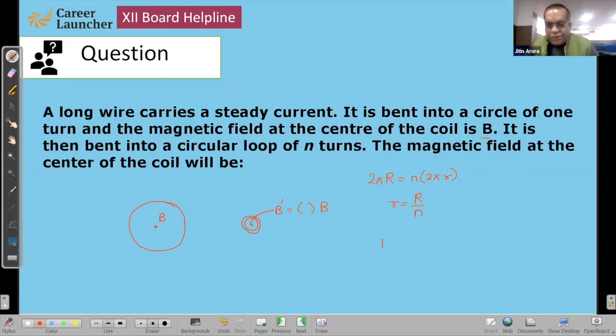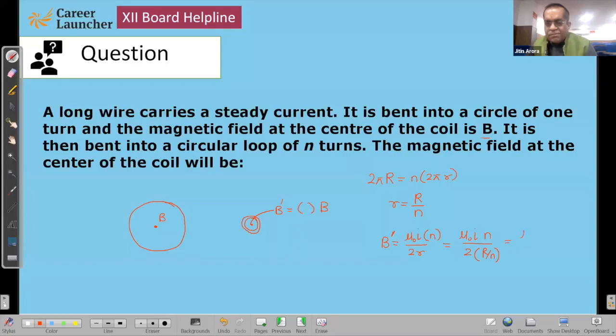Now magnetic field due to one single loop will be mu naught I by twice small r. That will be the magnetic field due to a single small loop. And if I say B dash, it will be equal to mu naught I by 2r into small n. Now small r can be replaced by capital R by n. So I get mu naught I n upon 2 capital R by n.